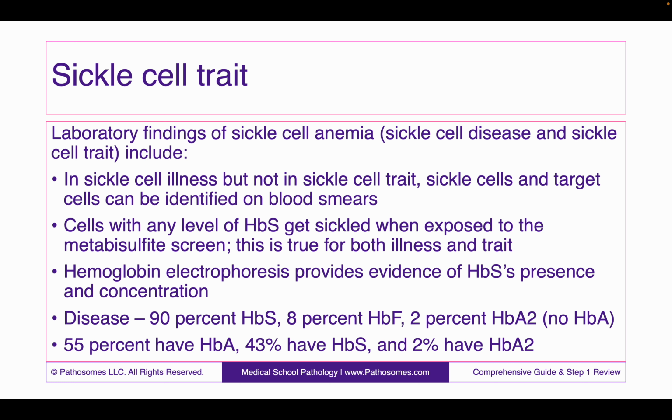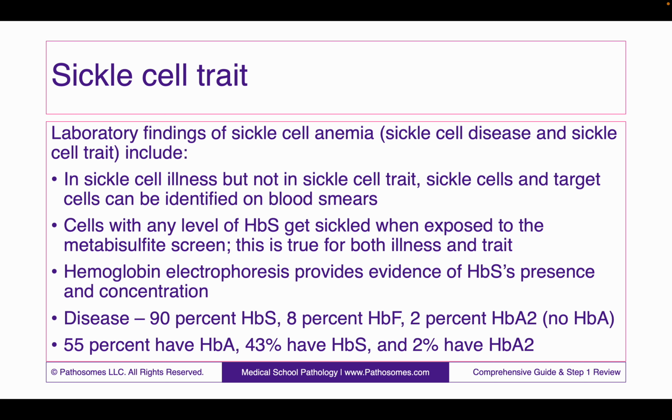Laboratory findings of sickle cell disease and sickle cell trait include the following. In sickle cell disease, but not in sickle cell trait, sickle cells and target cells can be identified on blood smears. Cells with any level of hemoglobin S get sickled when exposed to the metabisulfite screen, and this is true for both disease and trait. Hemoglobin electrophoresis provides evidence of hemoglobin S's presence and concentration.